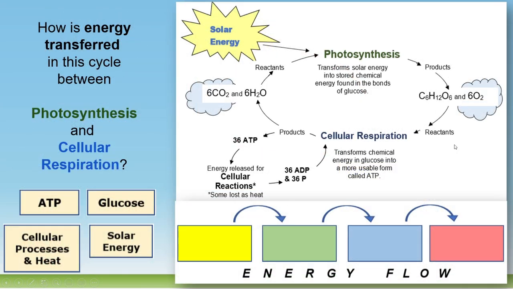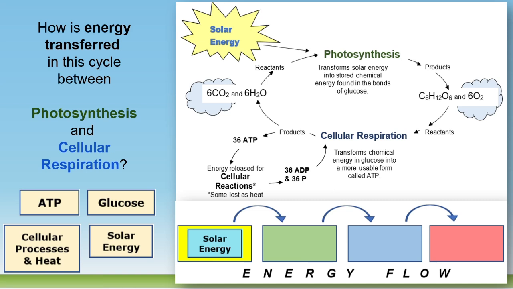Okay, so how is energy transferred within the cycle? Everything needs a constant supply of energy, specifically solar energy. We start with our solar energy, so that's already filled out for you. Notice these arrows at the top.